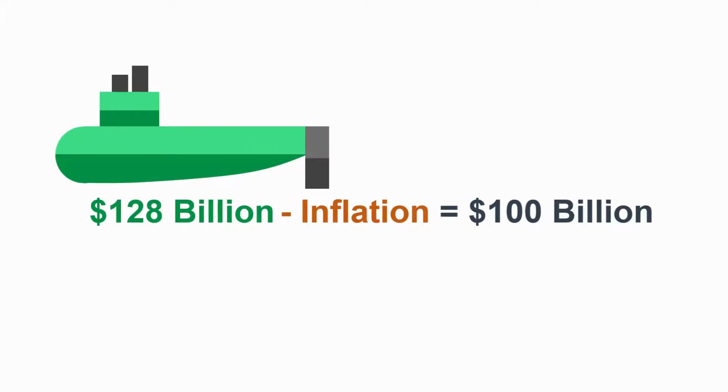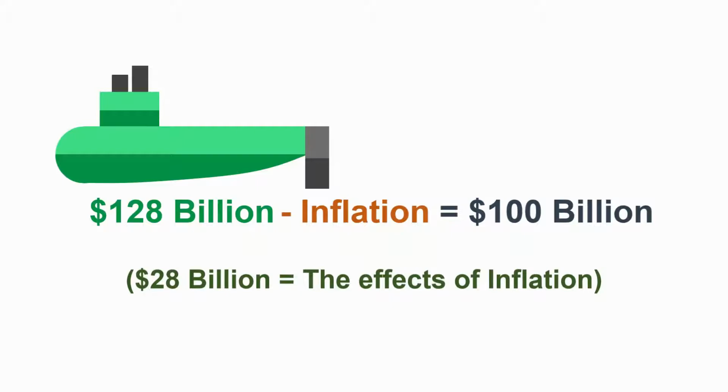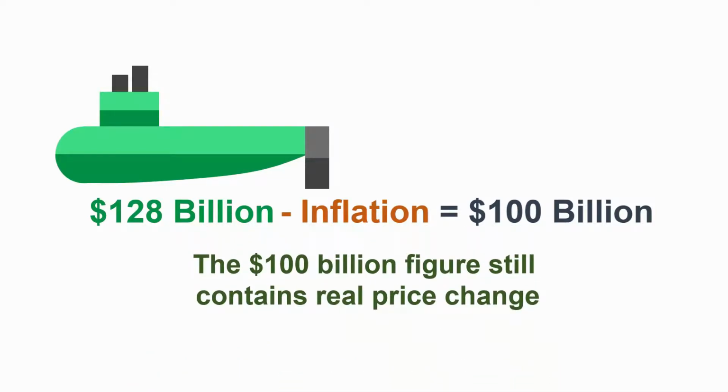The $100 billion estimate reflects the $128 billion estimate without the effects of inflation over the program's acquisition period, but continues to expose the effects of real price change. In other words, escalation incorporates both the effects of inflation and the real price change.